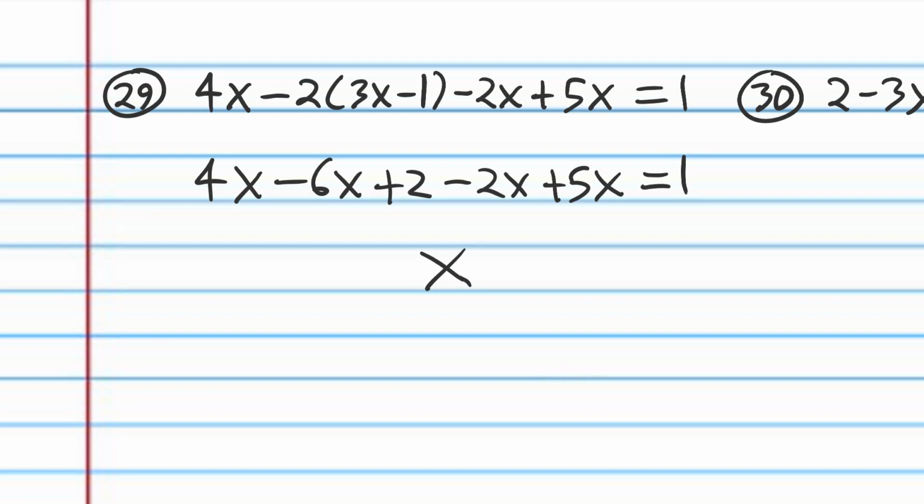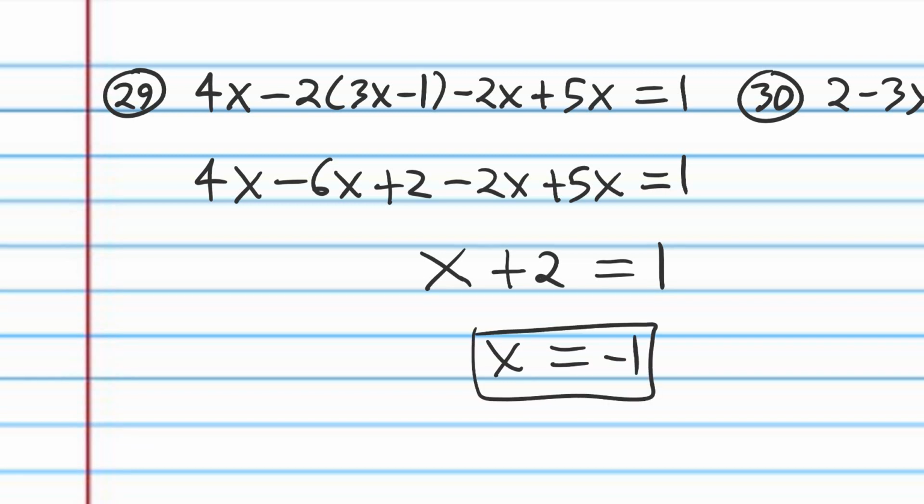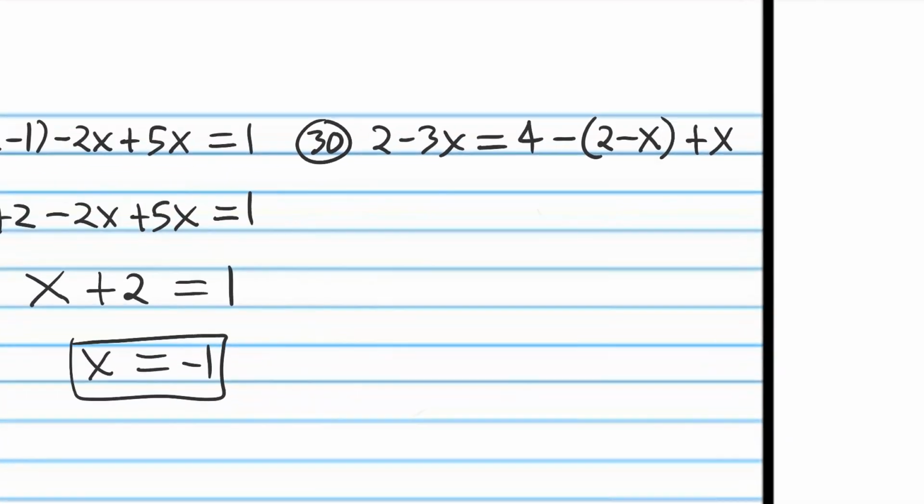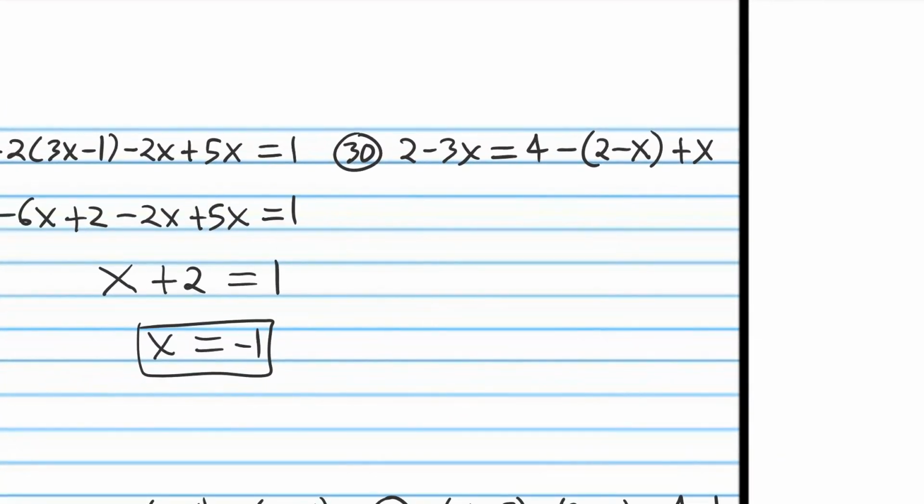And we have 1, 2 there, so we're going to keep track of that 2. That's right, and then subtract 2 from both sides, and we get negative 1 for the final answer. So that one was not too bad. All right, so if you got negative 1, good job.